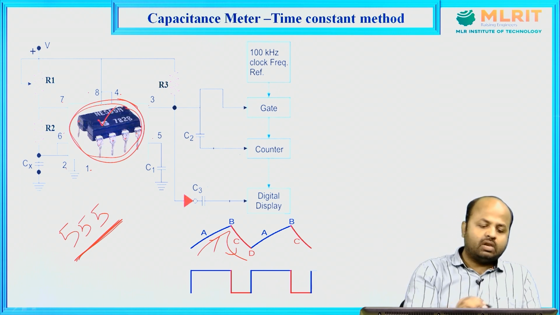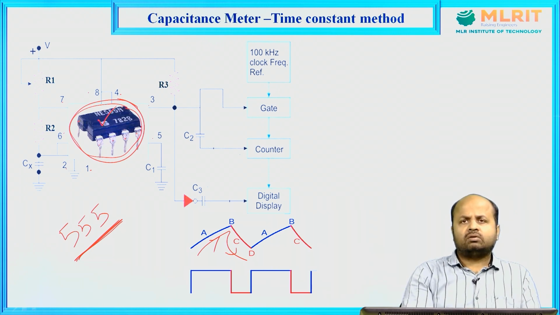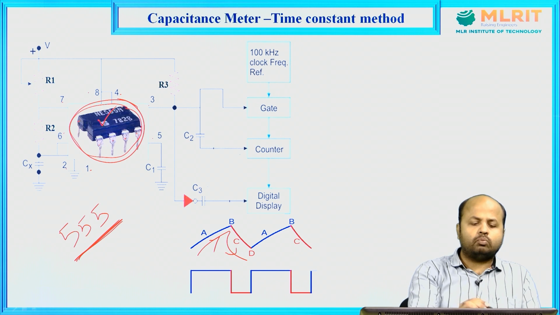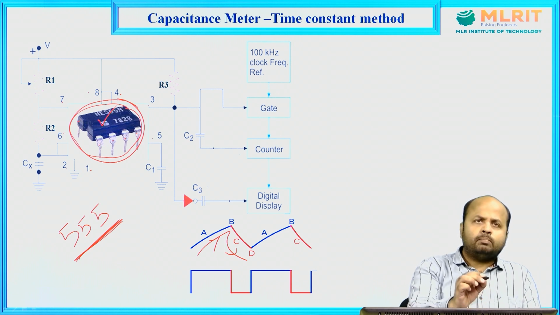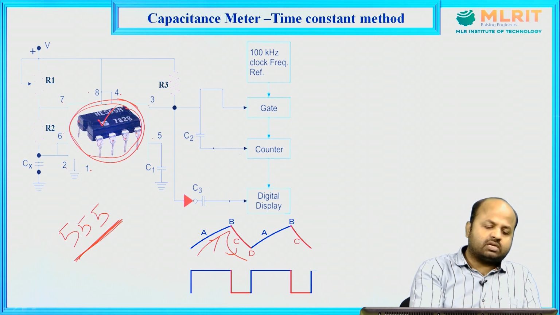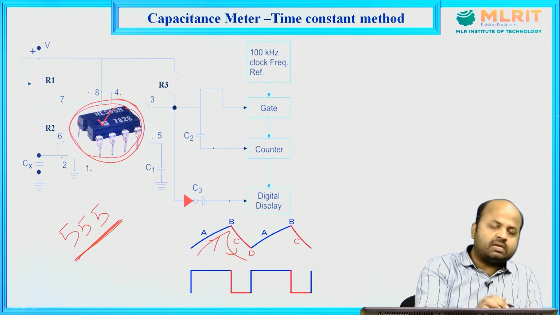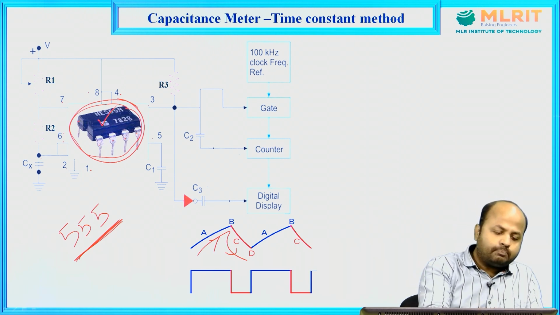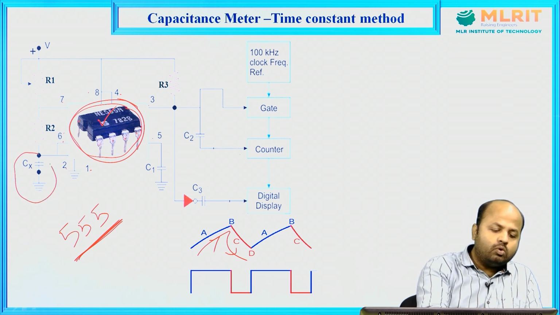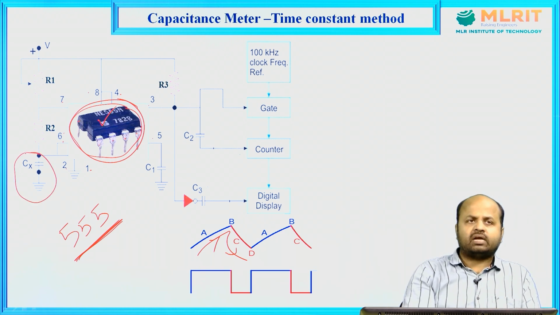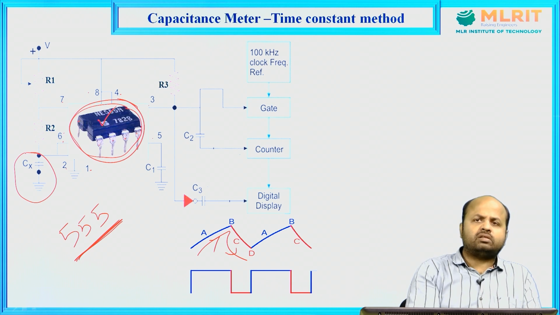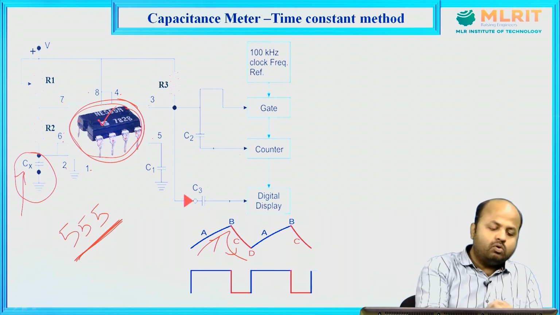Now how to do connection of this IC in order to make that IC as a capacitance meter. So first of all you see the construction. Pin 6 and pin 2 are shorted. At pin 2 one unknown capacitance is connected and we need to find the value of this unknown capacitance.